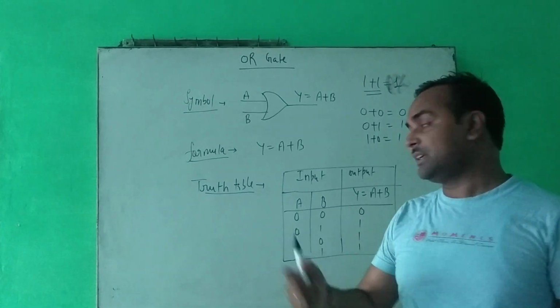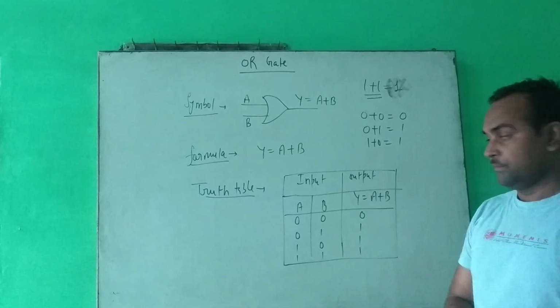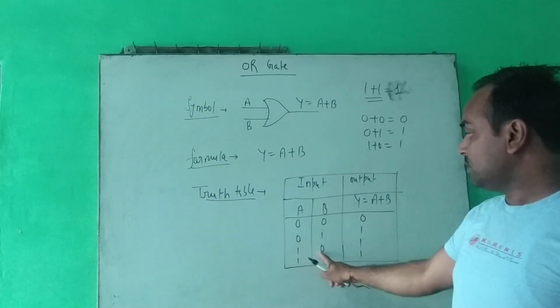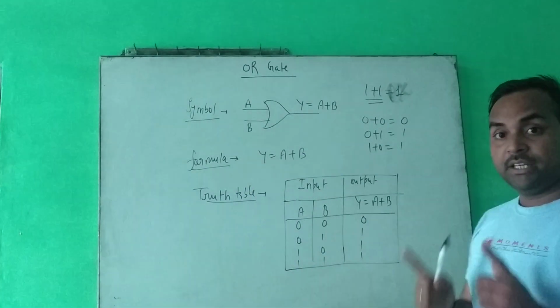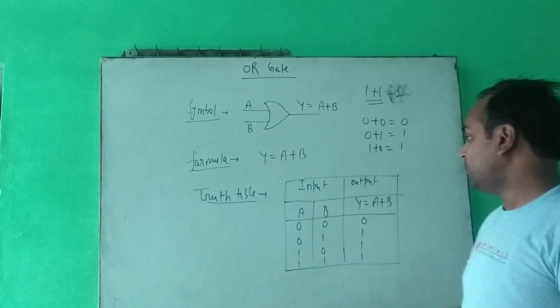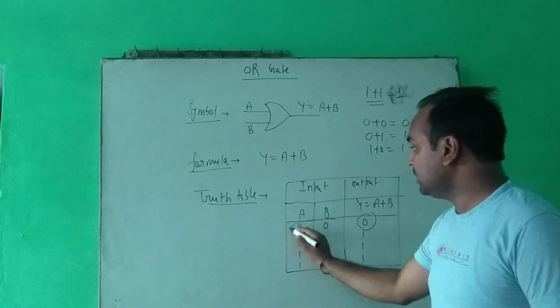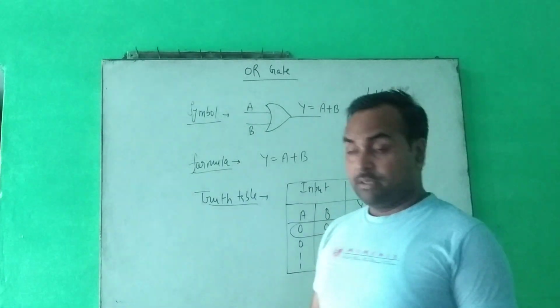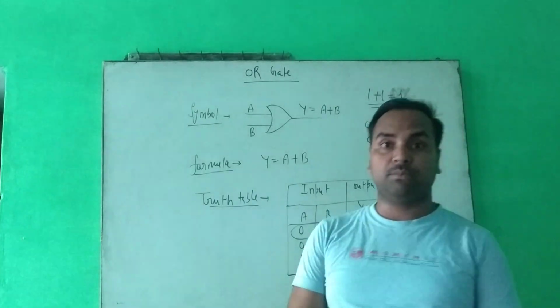Otherwise, in each and every case, the output of OR gate will be 1, whether it may be 0 1, 1 0 or 1 1. So to say, in one and only one case we will obtain the output 0, if we are having these two inputs 0.